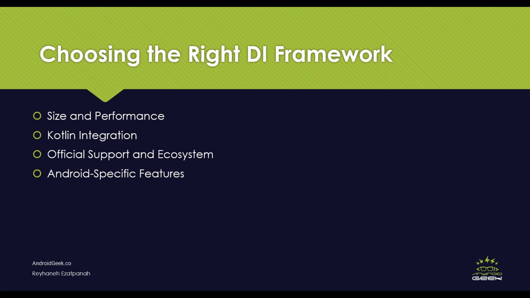The first thing that I want to mention is size and performance. If you prioritize a lightweight framework with faster startup times and minimal memory usage, Koin may be a better fit. The other thing that can help you is Kotlin integration.